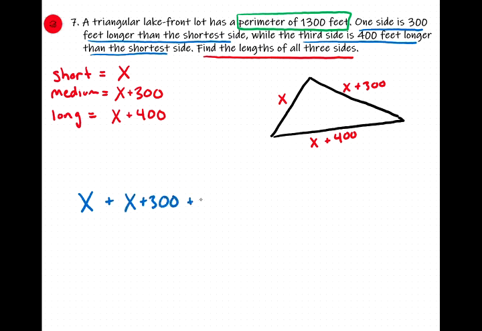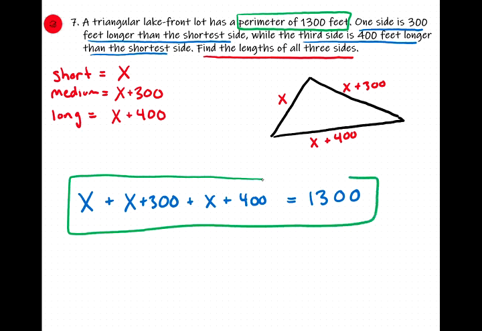And we have an x plus 400. So that would be the three sides added up. And when you add up the three sides of a triangle, you get the perimeter, and the perimeter is 1,300 feet. And that will be our equation for number 7.